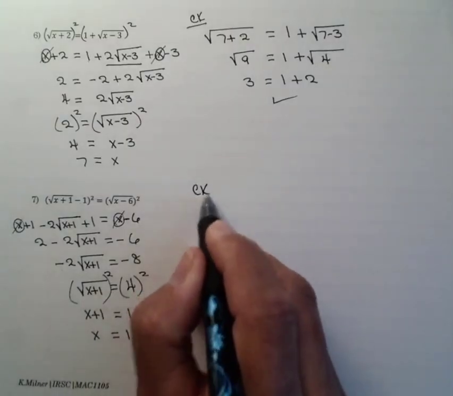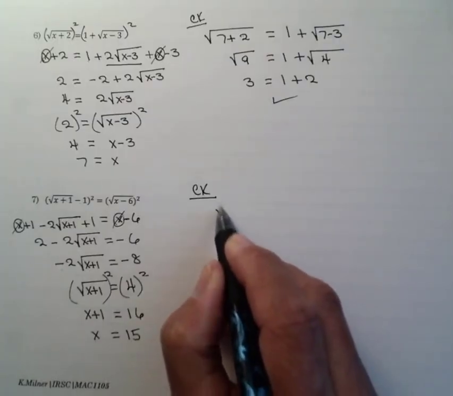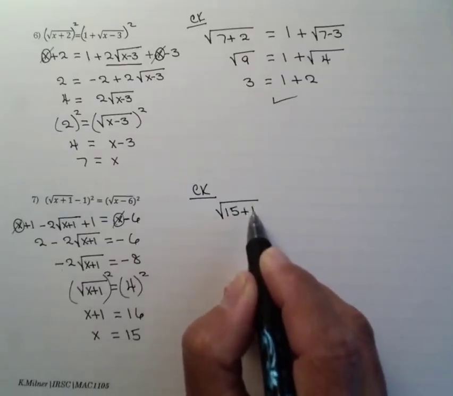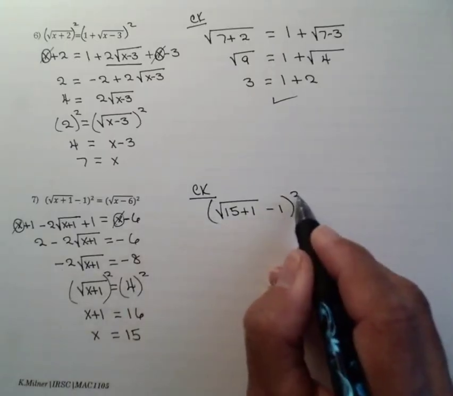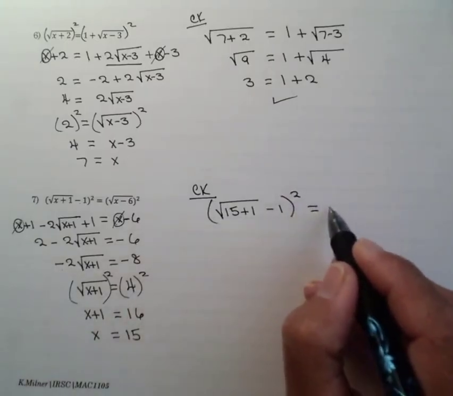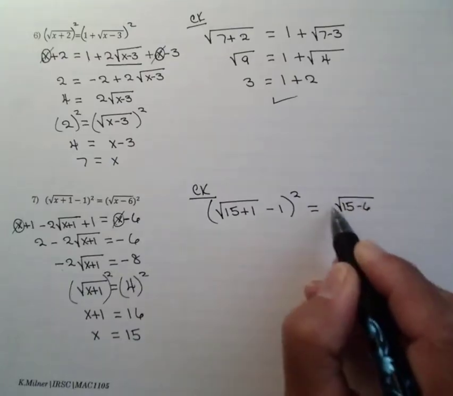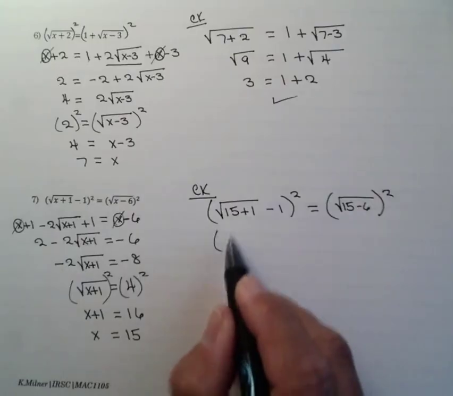Let's check and see if that's the case. I end up with the square root of 15 plus 1, minus 1, and don't forget, all of that was squared, equal to the square root of 15 minus 6, and that was squared. Okay, what's the square root?